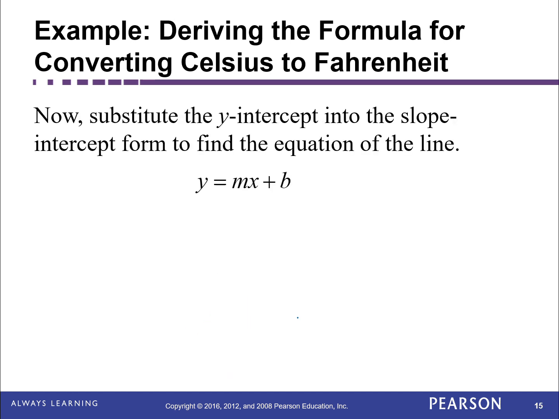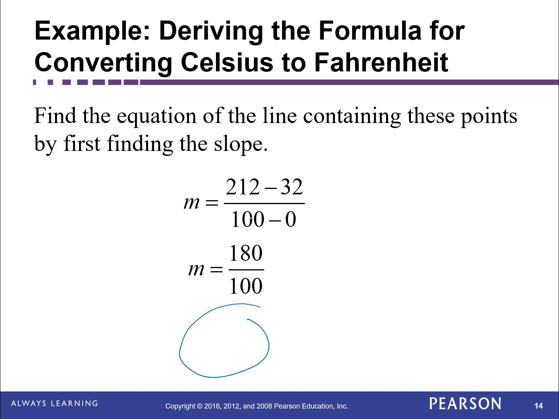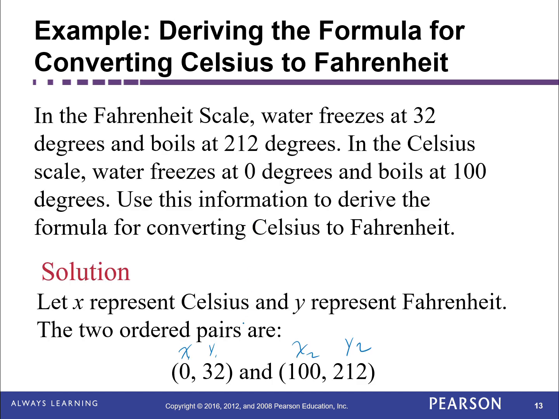Okay, once we have the slope, we can now substitute the y-intercept into the slope-intercept form to find the equation of the line. You're like, okay, you kind of took me for a jump there. I know the slope, we found it, but how do I know the y-intercept? Well, the y-intercept is where x is 0, and we already have that: (0, 32). So essentially, they gave you the y-intercept point without you even realizing it.